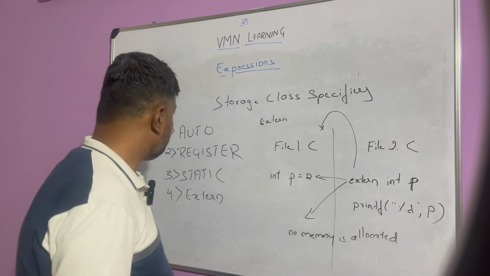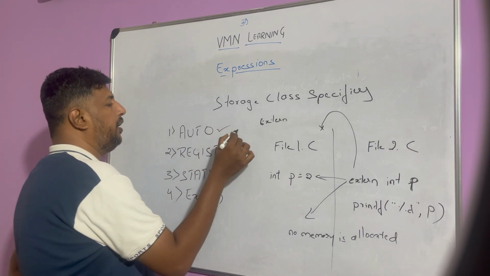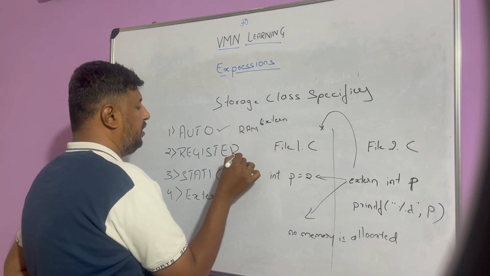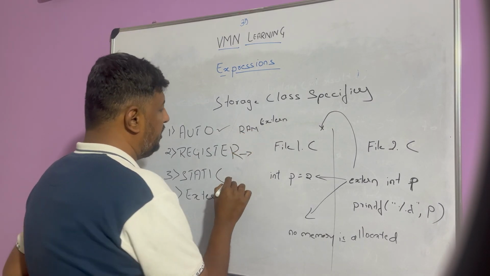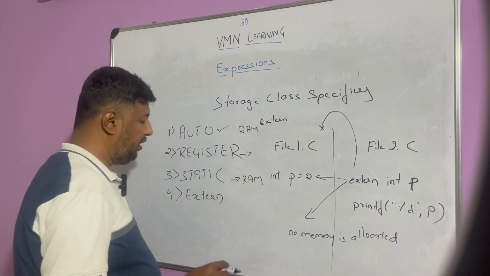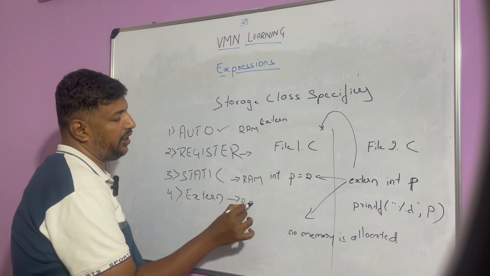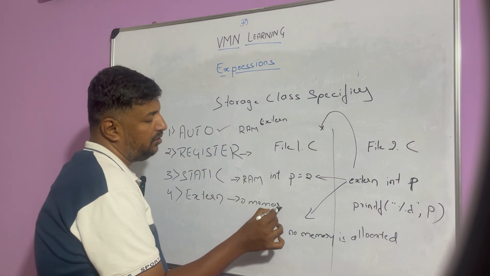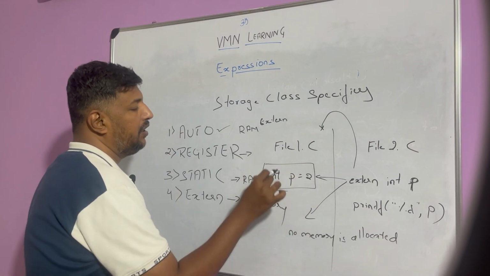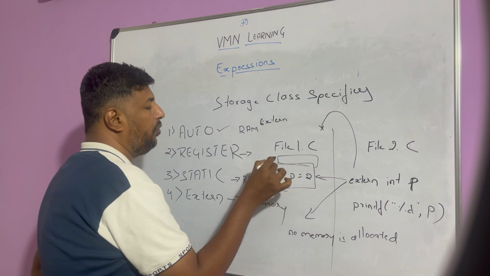Okay, this one is by default RAM. This is for register. Static is also RAM depending on the conditions. And here no memory is allocated. Memory is already allocated when we define it, so that memory is only going to be used.